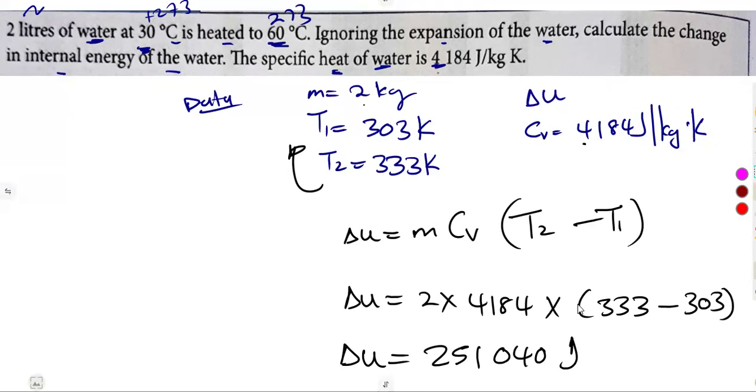Like I said, because we have the specific heat capacity, which was in joules per kilogram, the kilogram cancelled with the kilogram there. So you can just leave your answer in joules as it is.